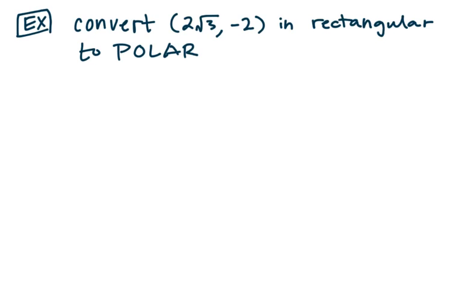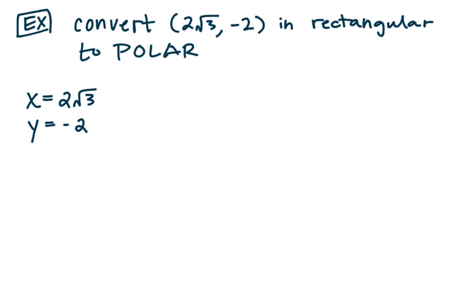So for example, we are going to convert this rectangular ordered pair, 2 root 3 comma negative 2, to polar. What do we have? We have x equals 2 root 3, and y equals negative 2.